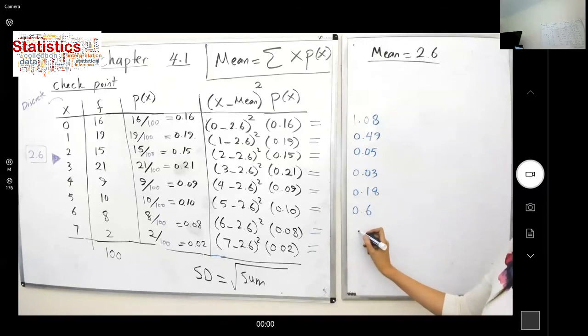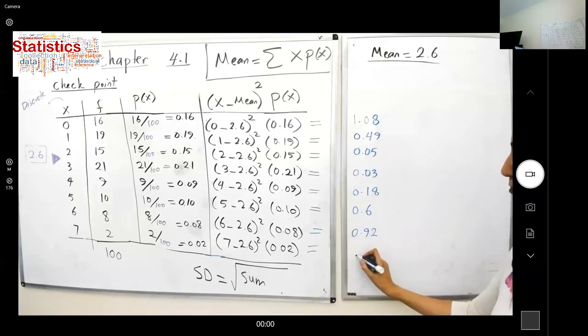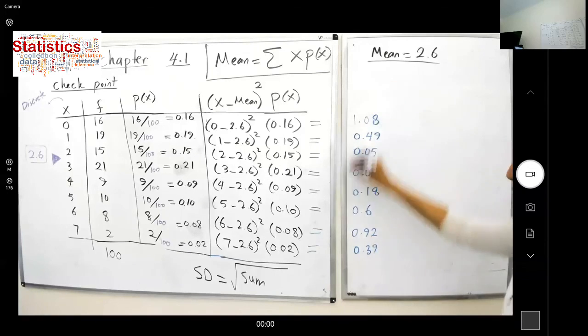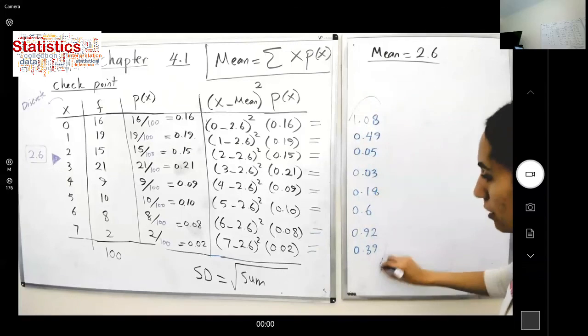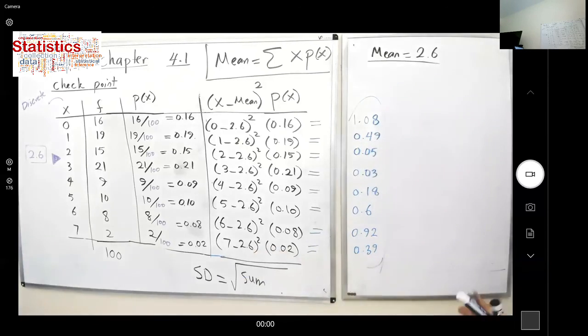And then 2 more. 0.92. And finally, 0.39. Now you're going to add all of these together, the sum, then take the square root to get your standard deviation.